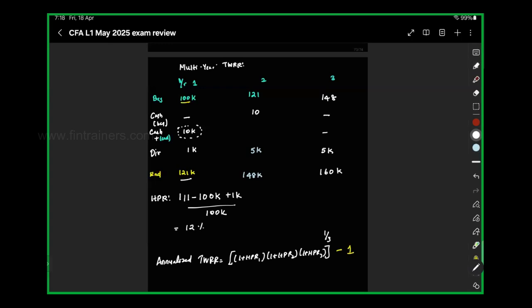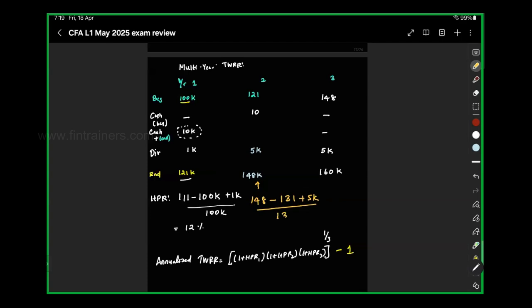Your second year holding period return computation, you're starting with 121 plus that cash goes into the first time frame itself. So I'm going to have 131 because that's the P0 there. My P1 is 148. And then we also received 5,000 of dividends.